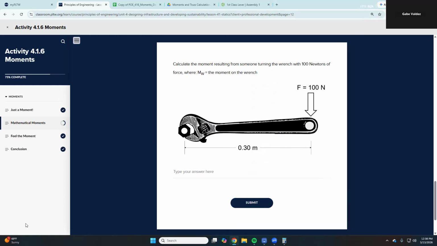So 100 newtons times 0.3. So this will be 30 Newton meters, but that's going to be negative. Okay. And this is newtons here, not, let me fix up this N here. So, all right, 30 Newton meters negative because it causes a clockwise rotation, so a negative moment.